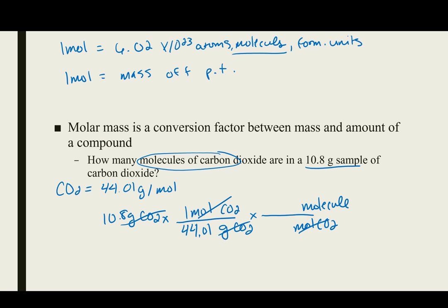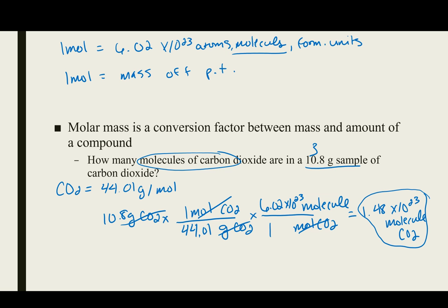And then as you can see, there's molecules in my conversion factor. So 1 mole is 6.02 times 10 to the 23rd molecules. So when you do that math, you should get 1.48 times 10 to the 23rd molecules carbon dioxide, 3 sig figs because what I was given is 3 sig figs. Remember, sig figs don't come from conversion factors. They always come from what you were given.